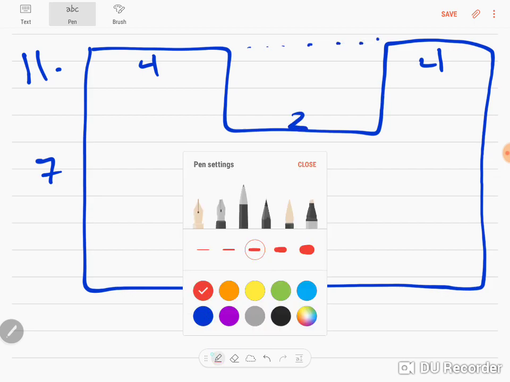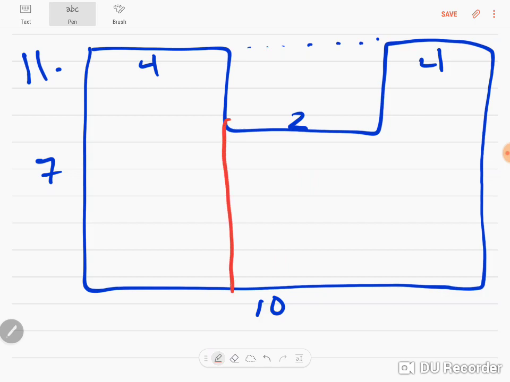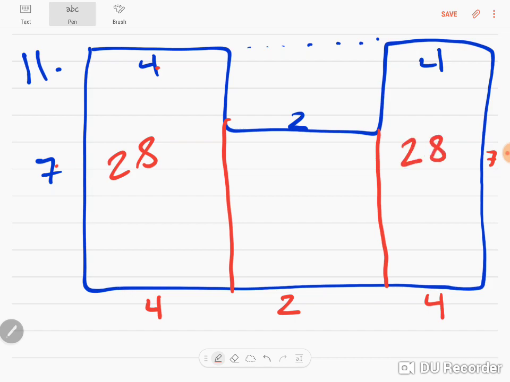So I can divide this up. And when I divide this up, I know that this is no longer 10, this is 2, this is 4, this is 4. And now I can find the area of this figure. All right, 7 times 4 is 28.